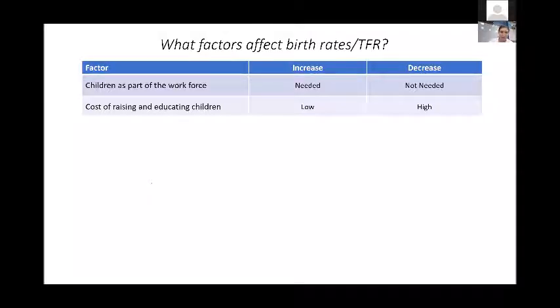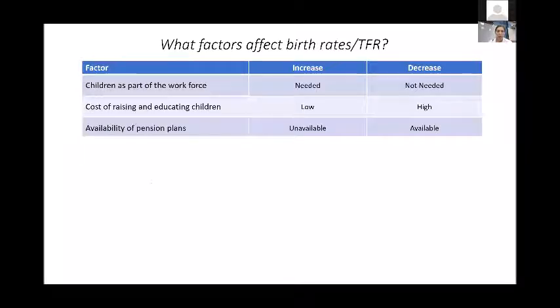Also, the cost of raising and education of children can affect things. When it is very low, then it's more economically easy to have more children. And when it is very high, that might be a consideration to people and their fertility. Also, the availability of pension plans. So when we talk about pension plans, we're talking about when people get older, they're able to retire and they still receive some type of income and do not have to yet work.